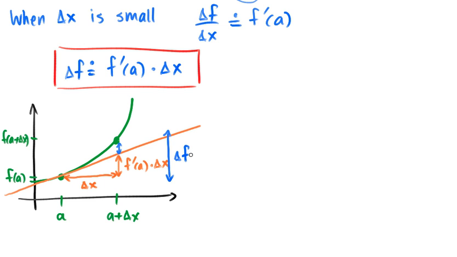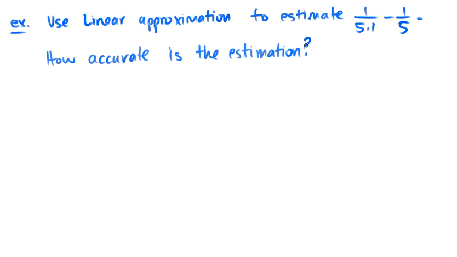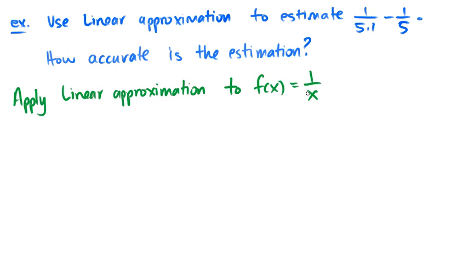Here's an example of how that works. We're going to use linear approximation to estimate the difference between a couple of values, and then try to calculate how accurate this estimation is. We need a function to work with, and the function is 1 over x, because 1 over x nicely models 1 over that value and 1 over that value.